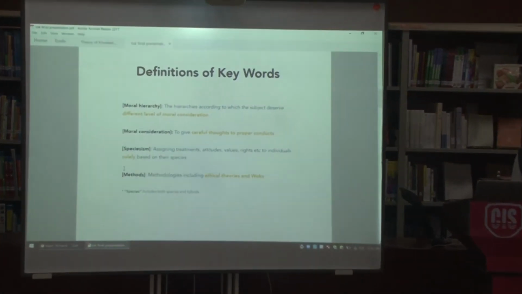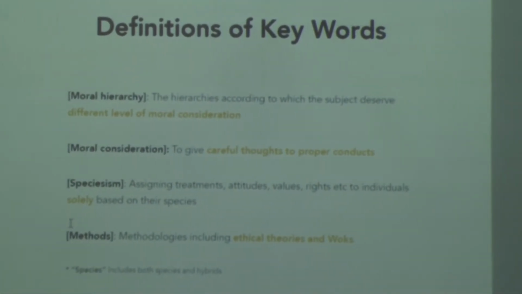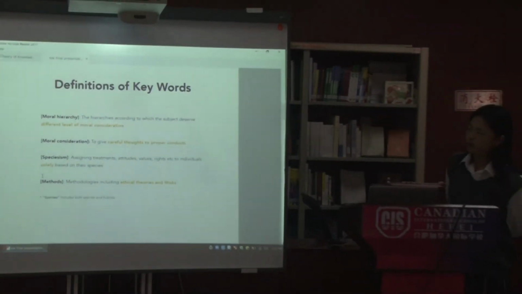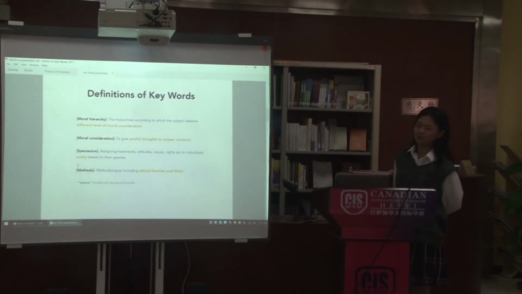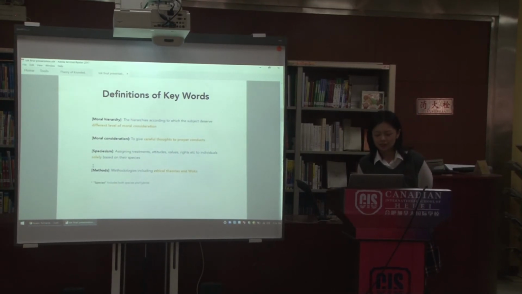Before I start, I will introduce the definitions of some of the keywords. First, moral hierarchy: I define it as the hierarchies according to which subjects deserve different levels of moral consideration. Moral consideration is to give careful thought to proper conduct. Speciesism is assigning treatments, attitudes, values, and rights, etc. to individuals solely based on their species. And methods are methodologies including ethical theories and ways of knowing.